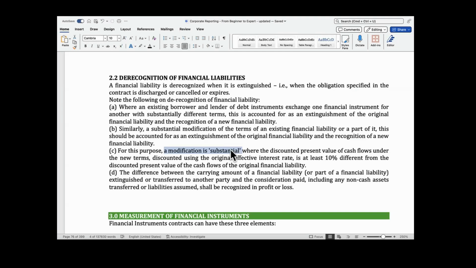For those of you that are doing SFM, probably they have taught you how to do discounting to present value. We're going to discount the interest and the principal to present value. You get a valuation using the original terms. Then using the revised or modified terms, like the new interest rate, the new duration, you would do the same thing.